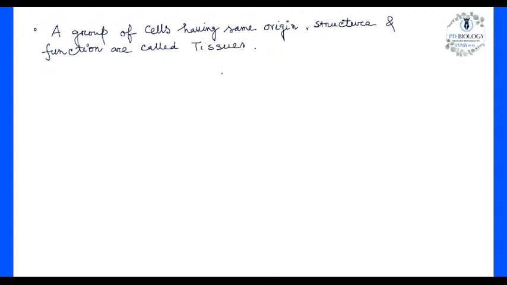In animal tissue, we are dividing all the tissues into 4 different types.